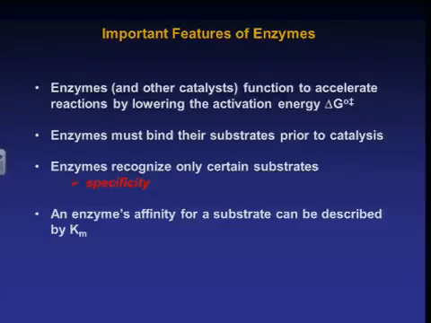So, just to kind of think ahead, but you're not going to be responsible for what I'm about to say on the exam, what does an enzyme have to do? It has to get its substrate, or substrates if it's bringing two together, and then chemically transform them. So when you think about how good is an enzyme, how efficient is an enzyme, there's going to be two things that are going to come into play.